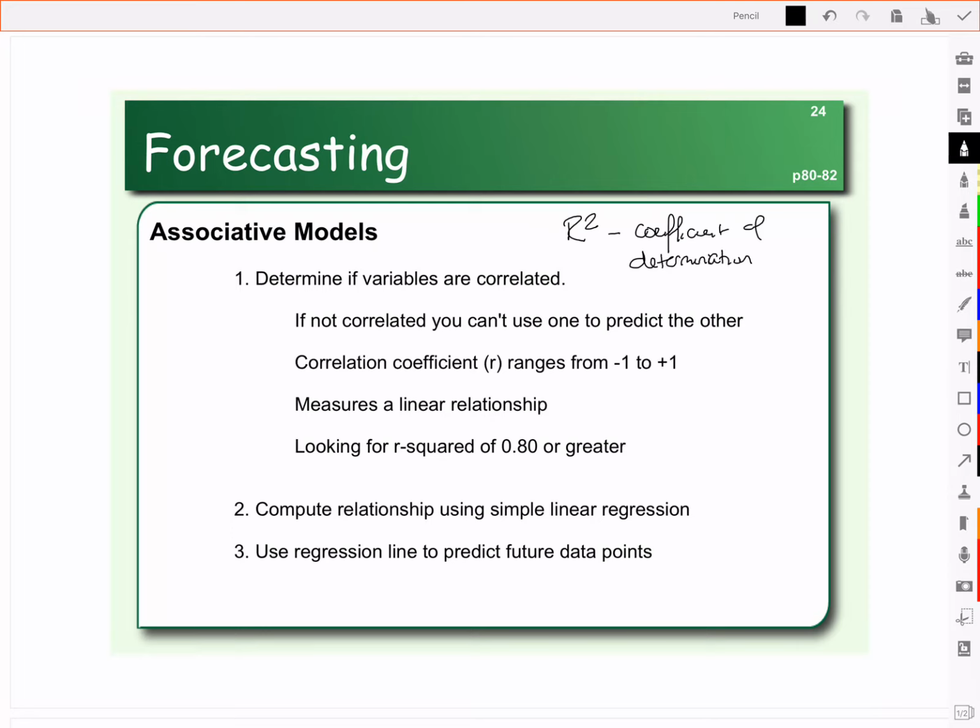The coefficient of determination tells us the percentage of variation in one variable that is explained by variation in another variable.